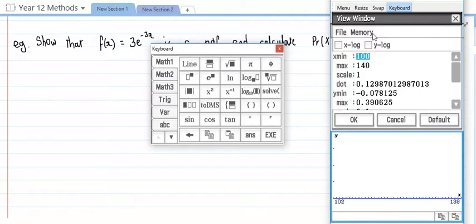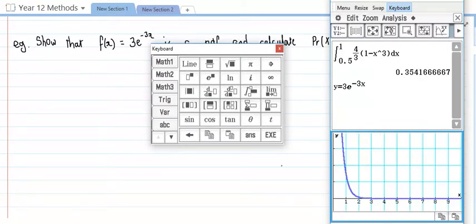That's not particularly helpful, so I'm just going to change my x-min to 0, my max to 10.